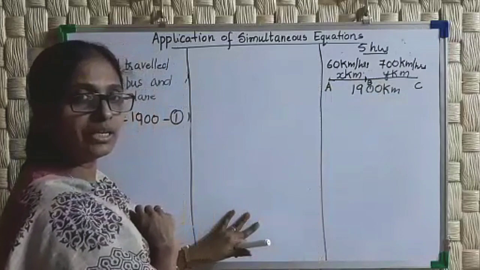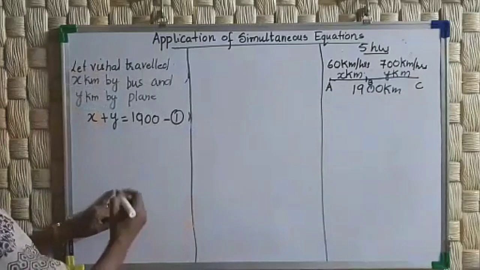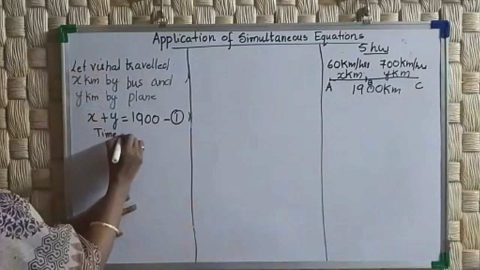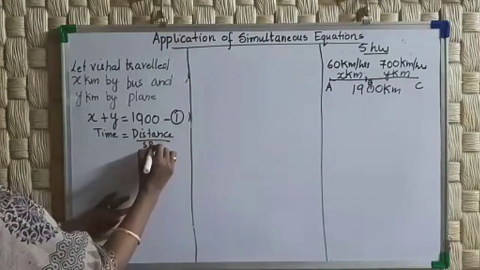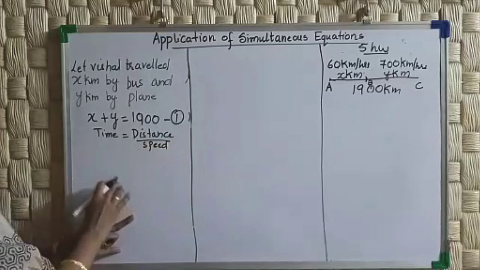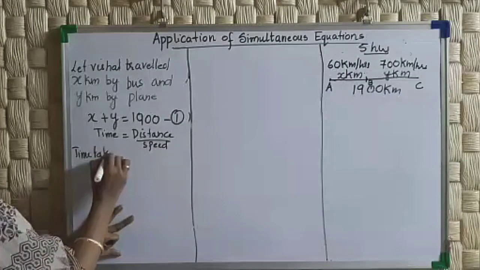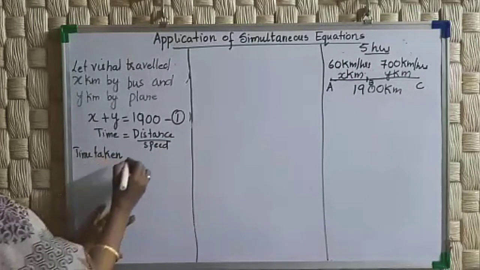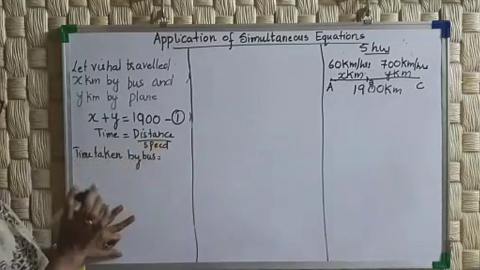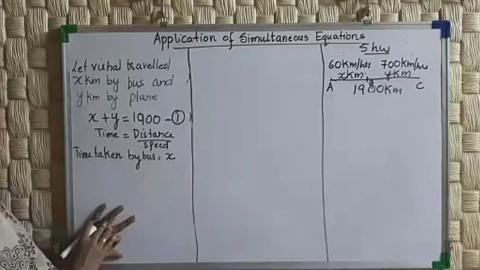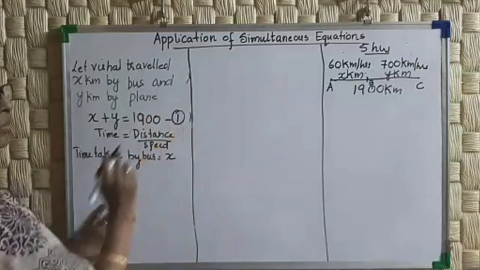To find out the time taken in both cases, we have to use the formula time is equal to distance upon speed. So the time taken by Vishal while travelling by bus will be the distance covered by bus, that is X kilometers, upon the speed of the bus, which is 60 km per hour.